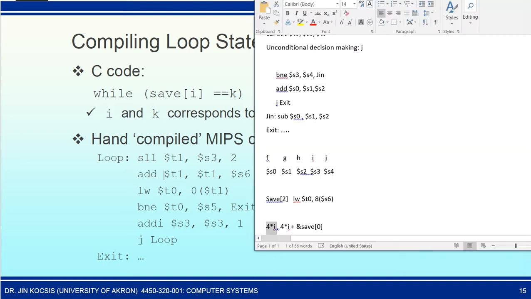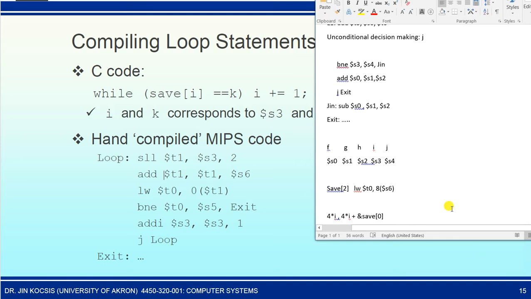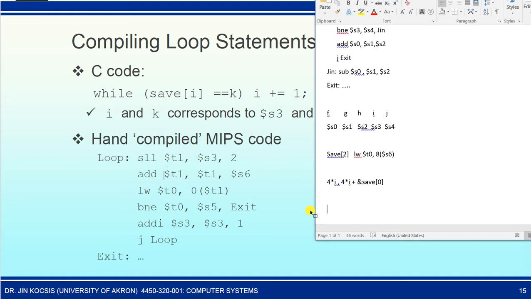To calculate something times 2 to the k is equivalent to doing shift left logical on that thing by k bits. Similarly, to represent 4 times i, you calculate i times 2 to the 2. Therefore, you can do shift left logical of this value by 2 bits and store it in an intermediate register. Therefore, this first line represents t1 equals 4 times i. That's exactly what we want to calculate.